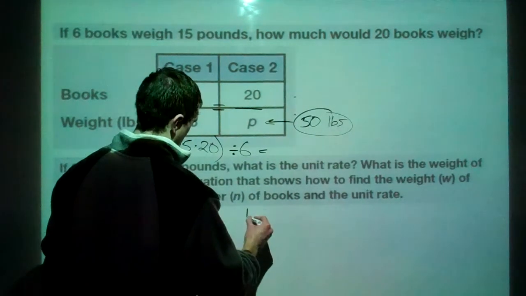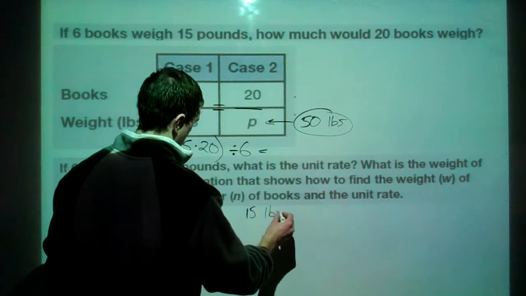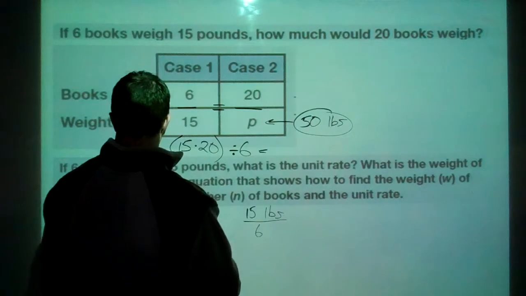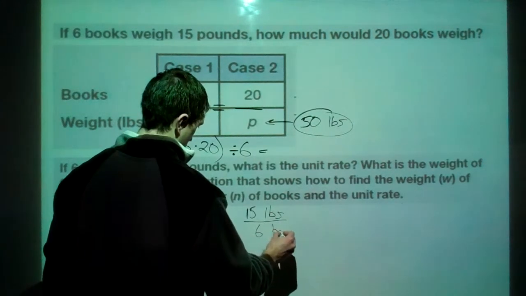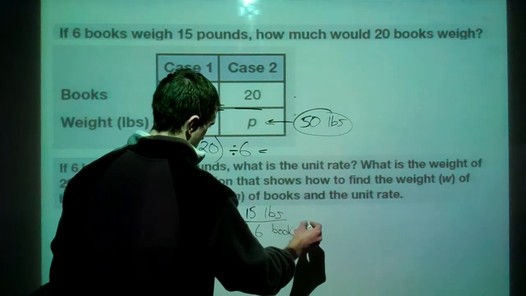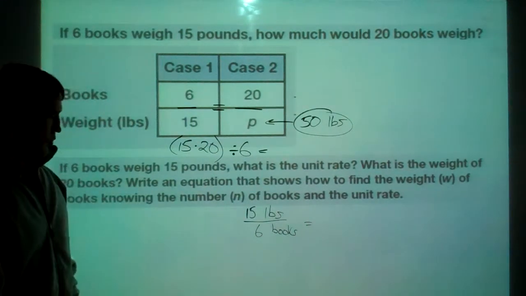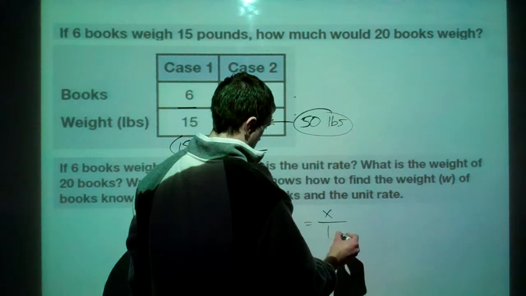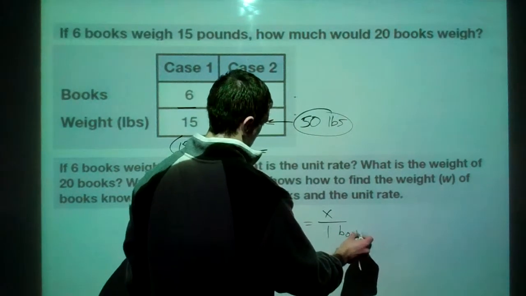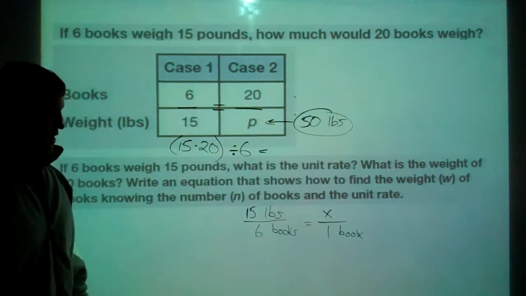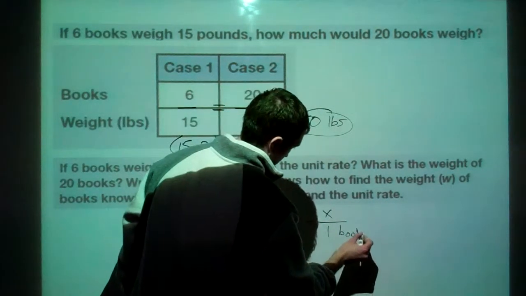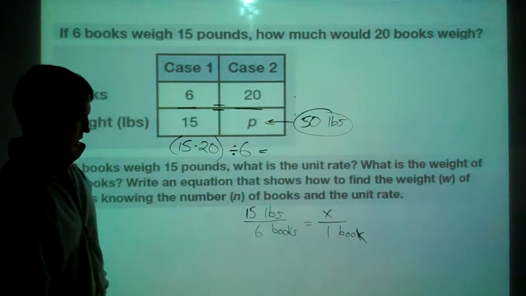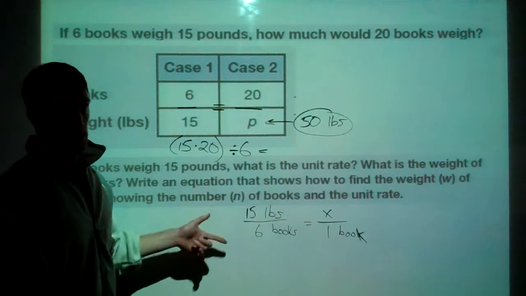So that's 15 pounds per 6 books. We want the weight per one book. So we're looking for this per one book. What we can do here is cross multiply and divide: 15 times 1 divided by 6, or we can just say 15 divided by 6 will give us our answer.